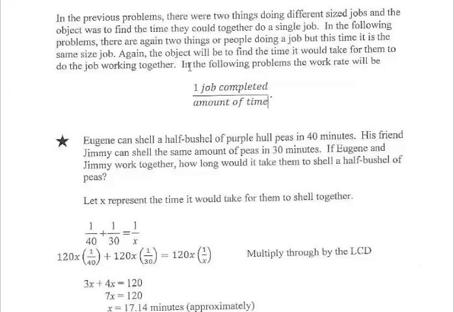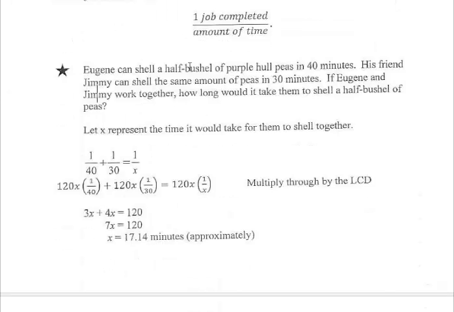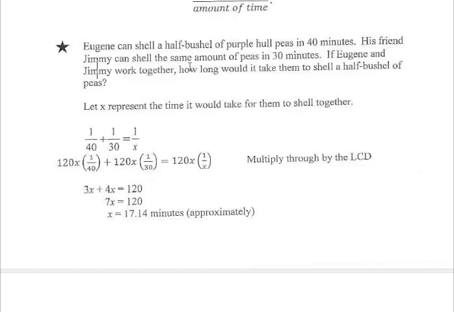So we'll look down here at the example they gave us, and it says Eugene can shell a half bushel. Basically, we're looking at shelling a half bushel as one job.